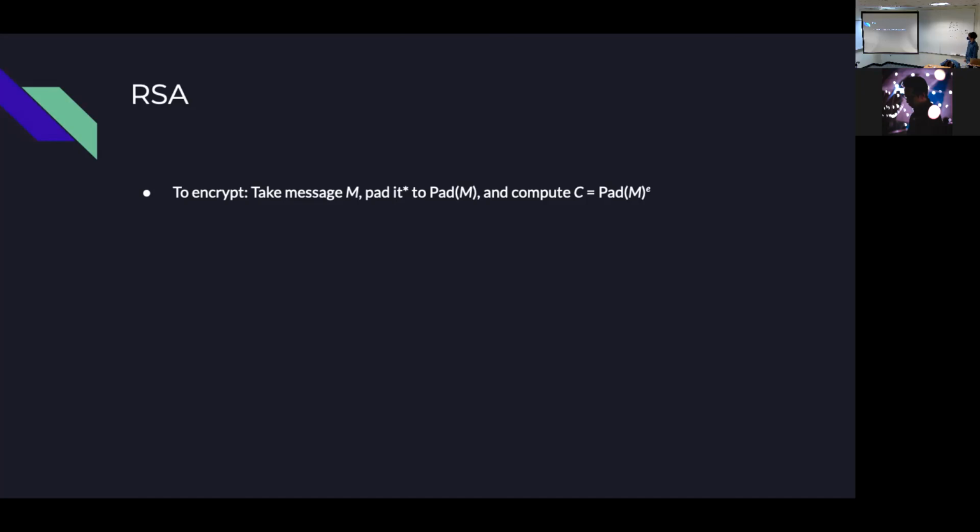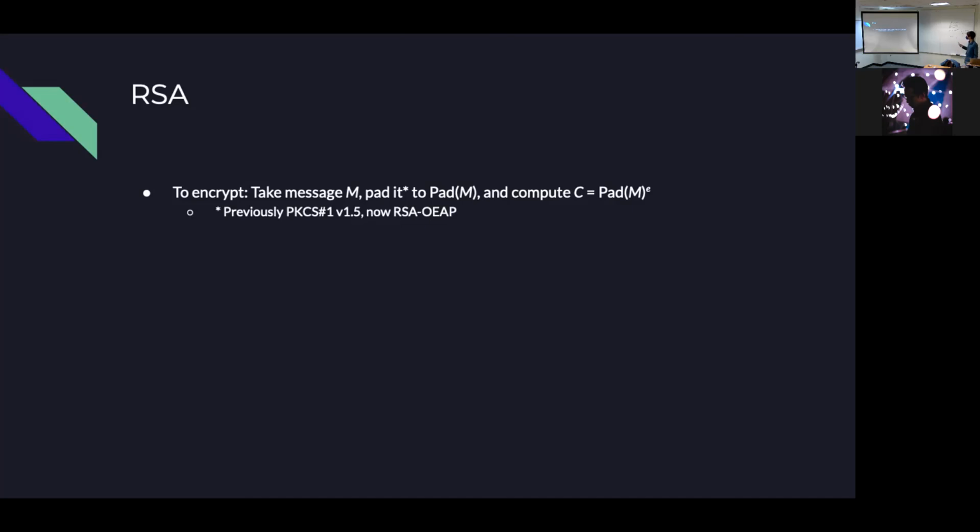Now, you'll see that there's this thing called pad. That's because right now when we're encrypting, there's no randomness in it. So this padding function is kind of special. It's going to introduce randomness into our message in a way that is secure for RSA, because RSA has a couple of special things that we need to worry about. One of them is, if the message is 1 and we raise it to the power of E, it's still just going to be 1. So it's not secure by itself.